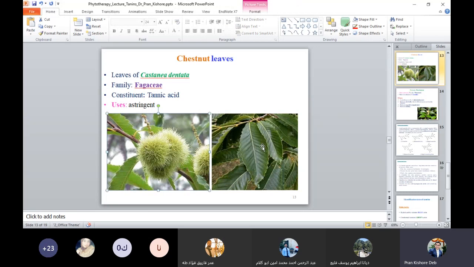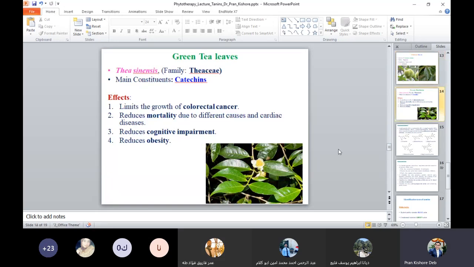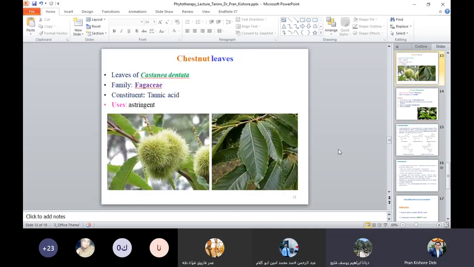Is this plant available in Jordan? Do you recall by looking at the structure? Have you seen this? No. Are you sure? Or just guessing? It's the chestnut, its color is brown. Try to recall. I feel like I have seen it.